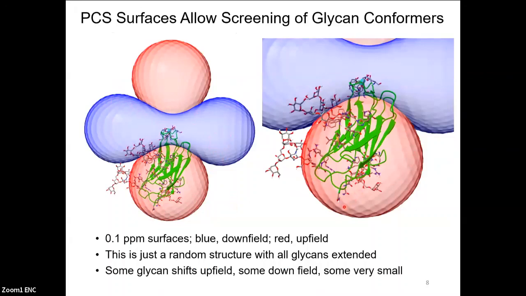And what you see is, if you look at the glycans, this is just an arbitrary conformation of glycans. We expect to see many of those glycans in an upfield shift region, many in a downfield region, many small pseudo-contact shifts that are further out. We could draw spheres further and further out here. And so this is what we predict.